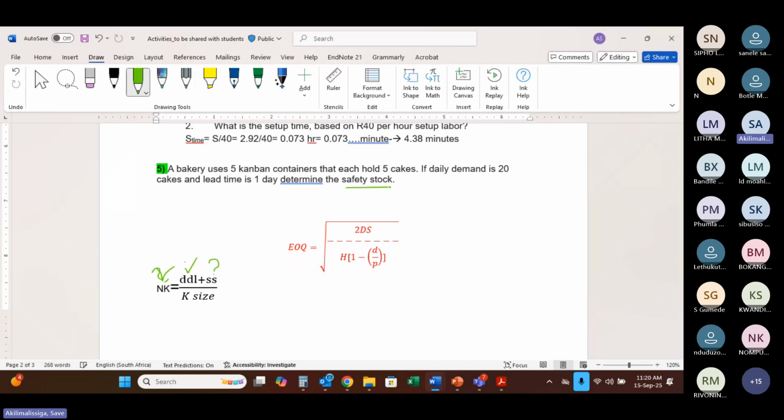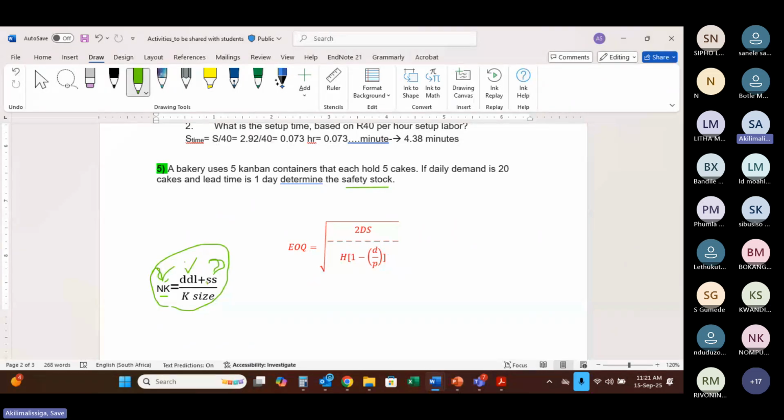So now we're going to determine the safety stock. But if you look at the initial formula here, we are calculating the number of Kanbans. Now they are asking us to calculate the safety stock. Can you see this is one of the variables that is inside the formula? So before you calculate this, what are you going to do?